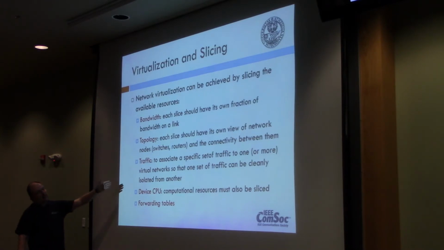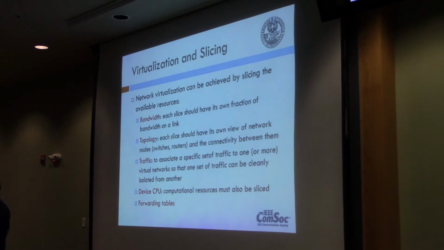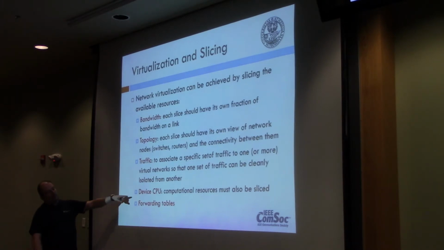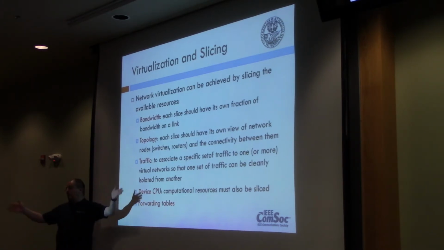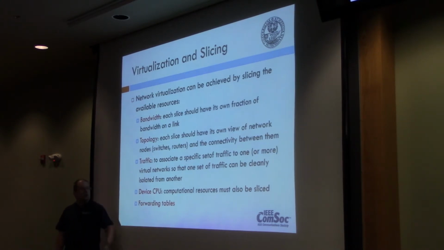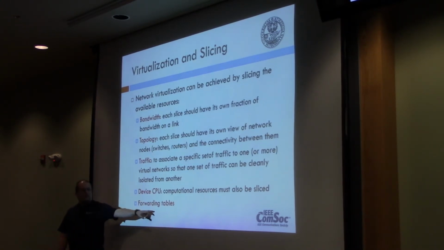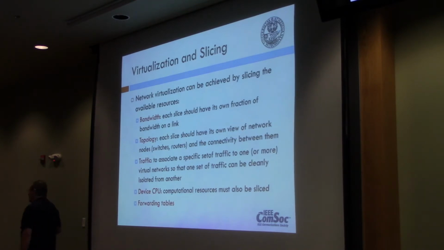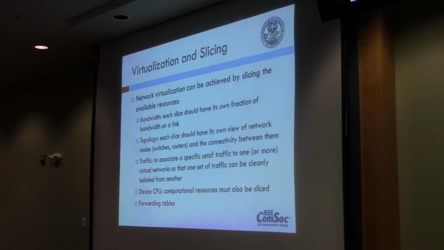Of course, you will slice the traffic, because usually different flows will belong to different slices, unless you are doing some multicast or something like this. But you can also slice the device CPU. If you have the whole network function virtualization environment, you can also control the amount of CPU. You can slice the forwarding table, so you can keep different forwarding tables for different controllers.